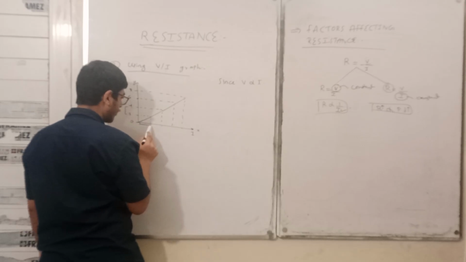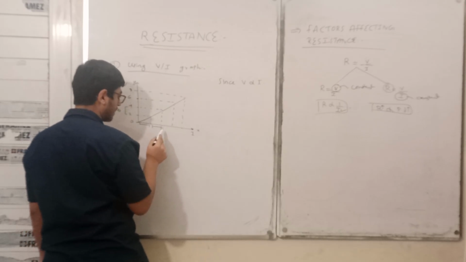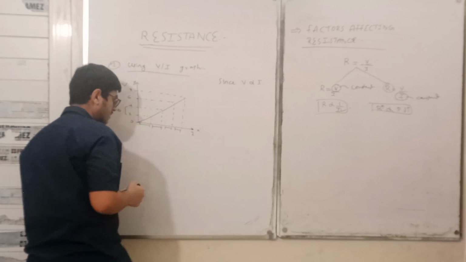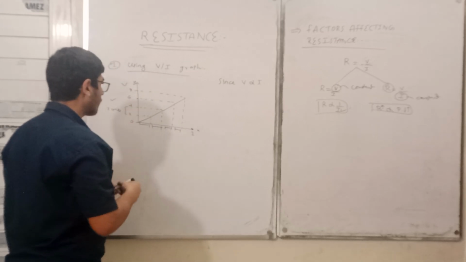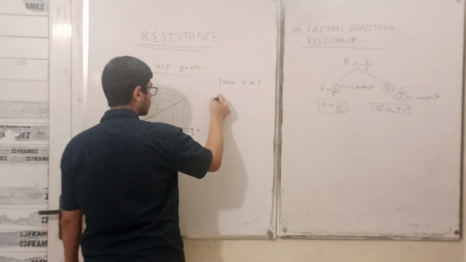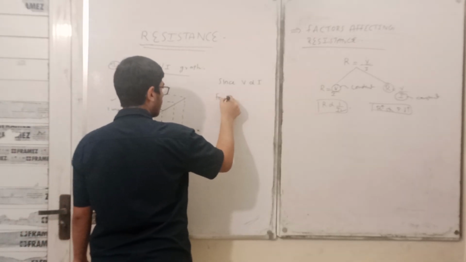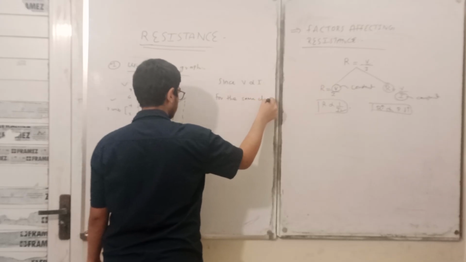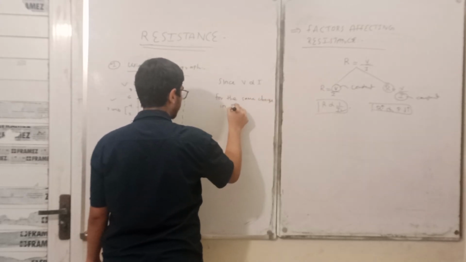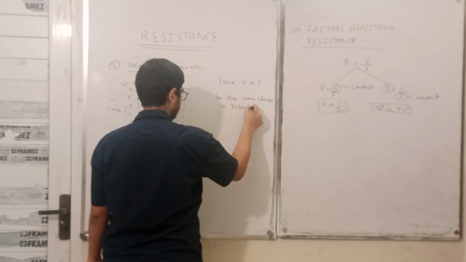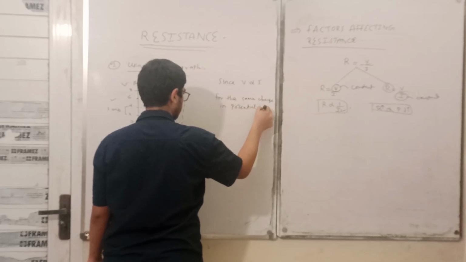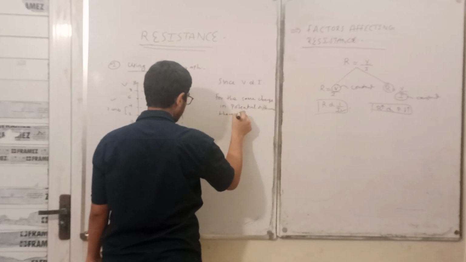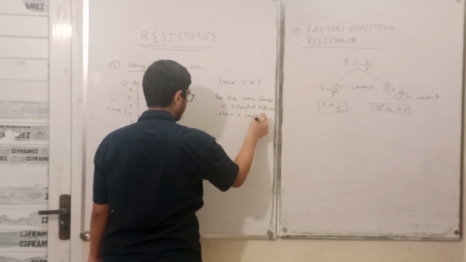As you can see here, the difference between the current values is constant everywhere. You can visually express this. For the same change in potential difference, there is same change in current.